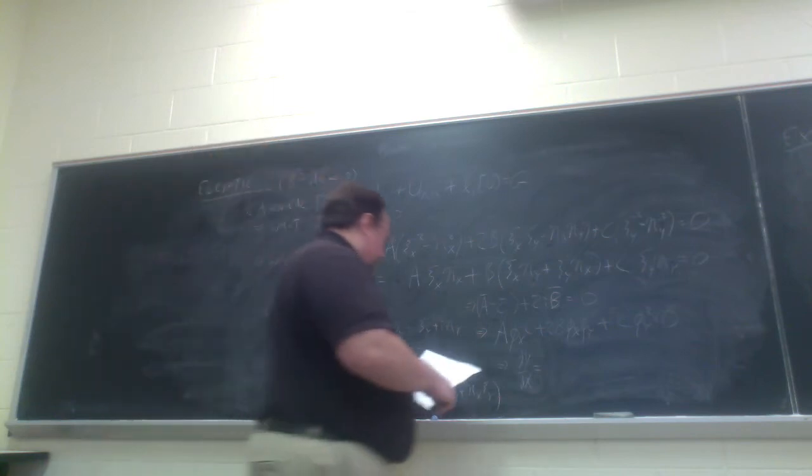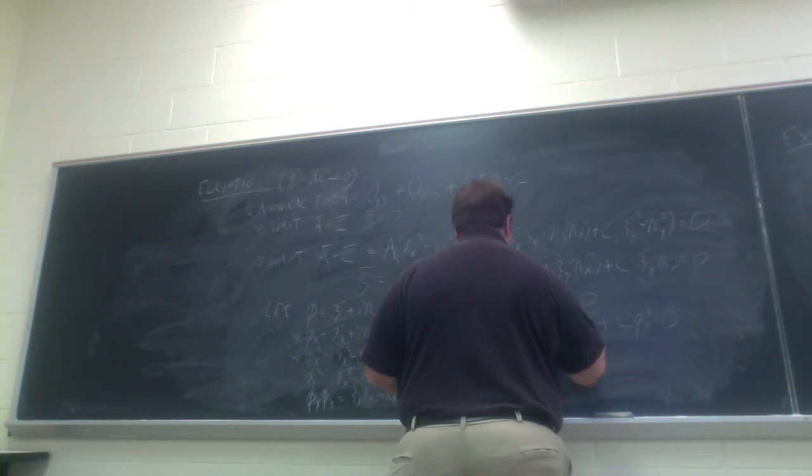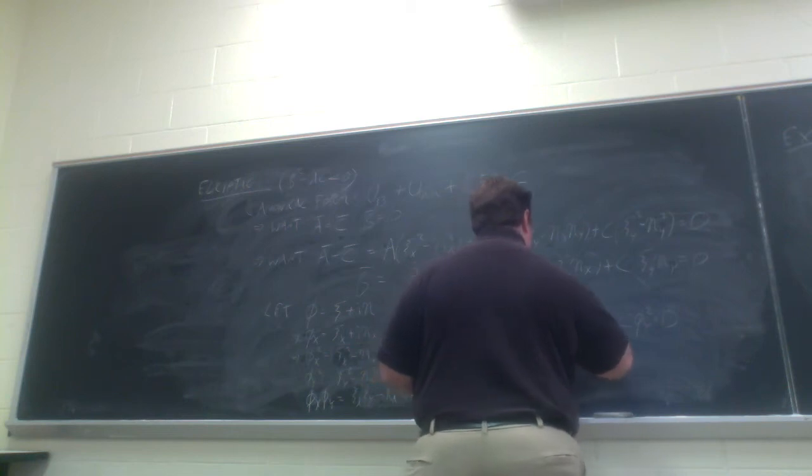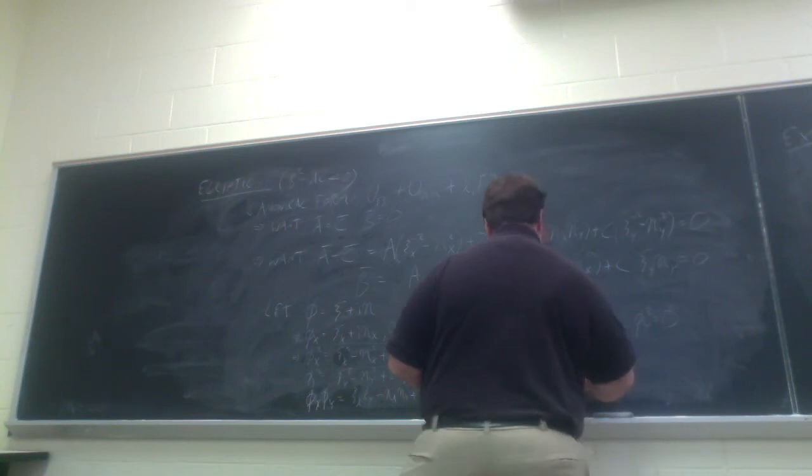So now we're going to get, instead, b plus or minus i square root of ac minus b squared, all over a.